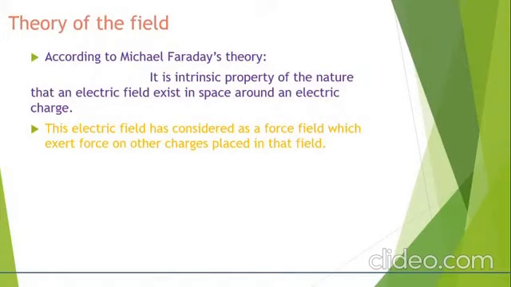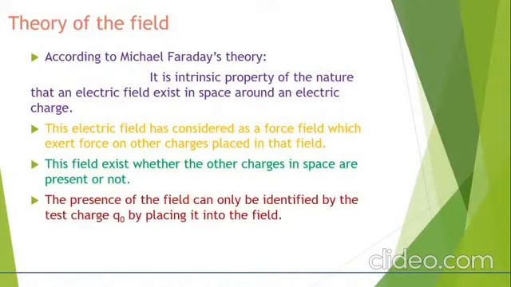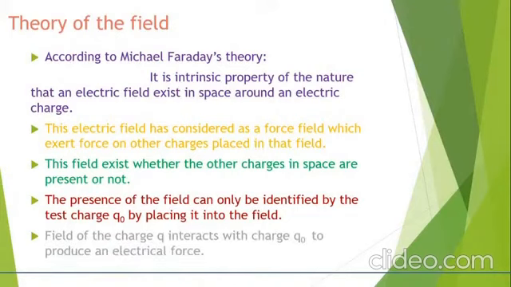For example, a charge Q produces an electric field in the space surrounding it. And this field exists whether the other charges are present or absent. However, the presence of the field cannot be tested until another charge Q naught is brought into that field. And the field of the charge Q interacts with charge Q naught to produce an electrical force.